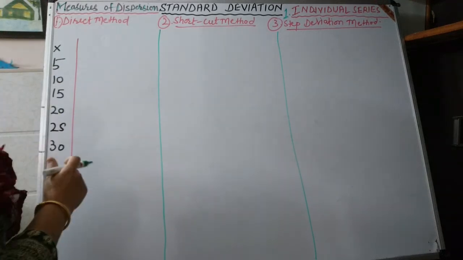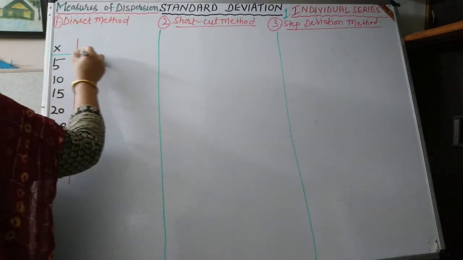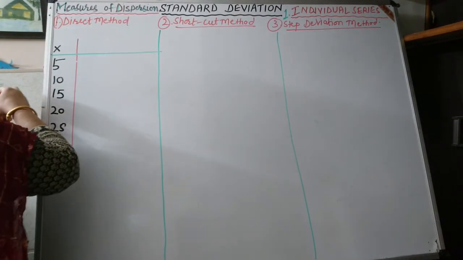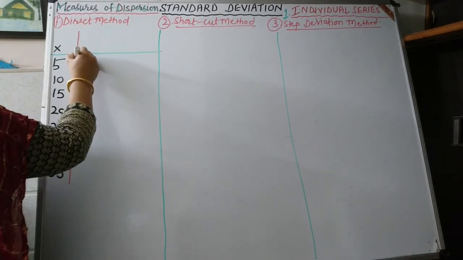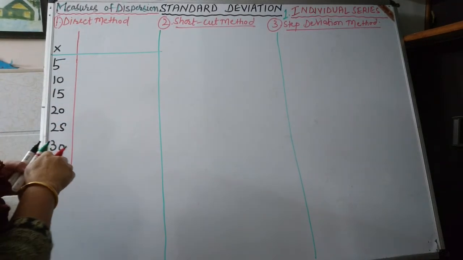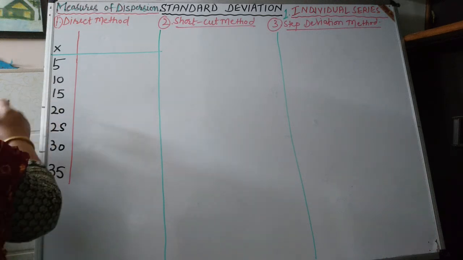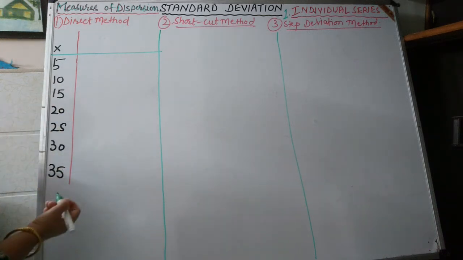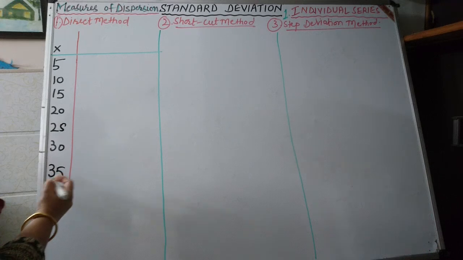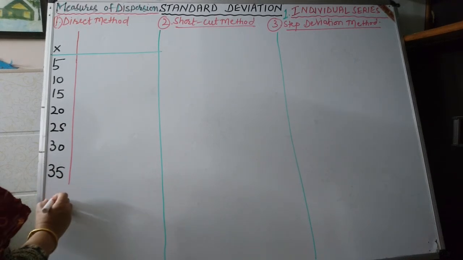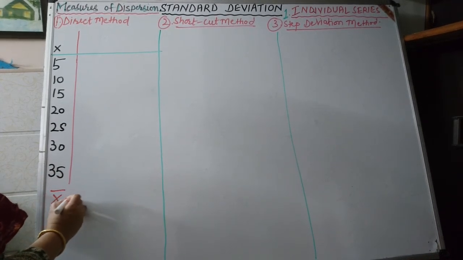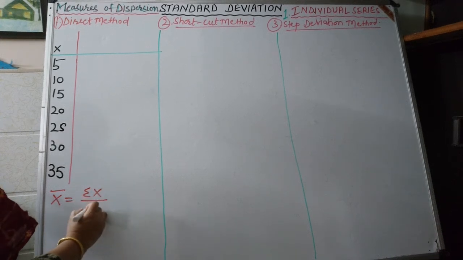Here frequency is not required because in individual series just the values of x, meaning marks, height, weight, wages, are given. So let us calculate. In direct method, first of all we will calculate arithmetic mean. X bar is equal to sigma x divided by n.